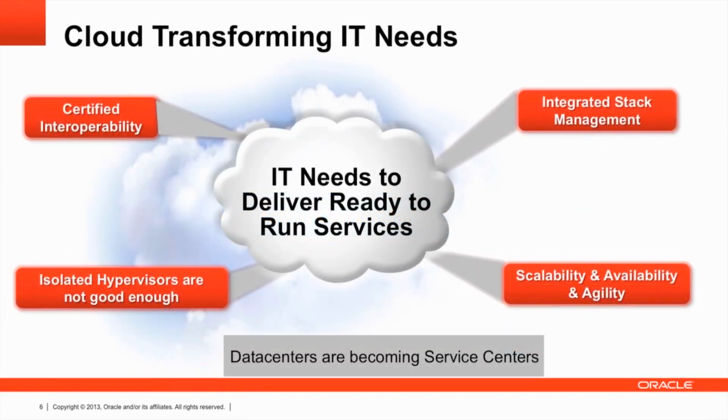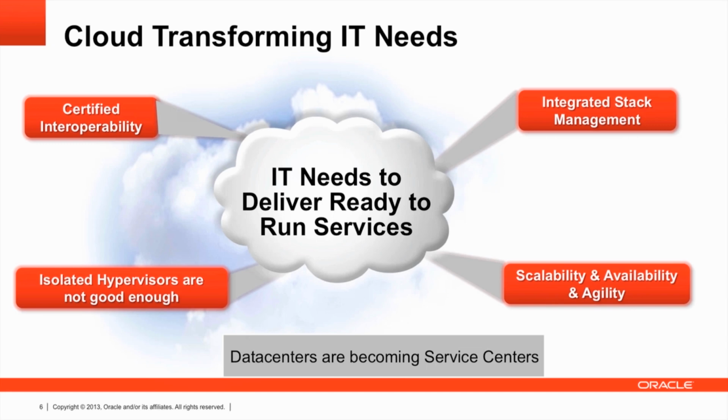When we talk about transforming IT and modernizing the data center, what we're really talking about is that data centers are no longer an assembly of servers and cooling and storage and network with applications running on them, but are viewed as service centers. And IT talks about services, charging for services from IT rather than charging for applications served up.